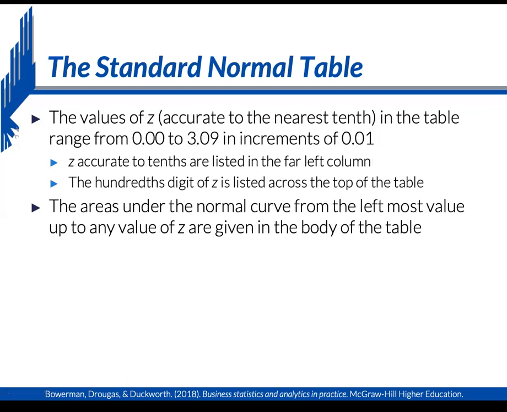And in that table, the values of z are shown in the first column and in the first row. Accurate up to the nearest 10th for the first column and up to the nearest 100th in the first row. And in order to find the probabilities, we have to find intersections. The number at the intersection of the row and the column is the area to the left of that z-score.